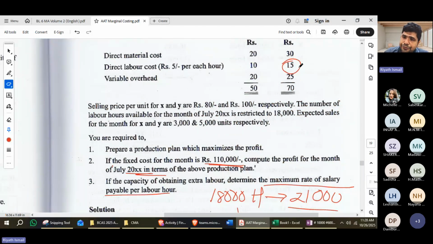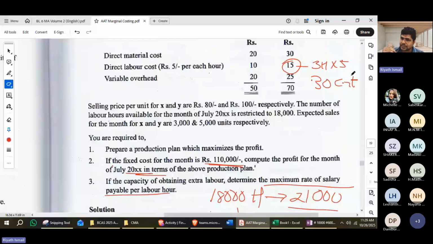Per unit of Y, you need 3 hours. By paying 5 rupees per hour, you're able to make 30 rupees contribution.